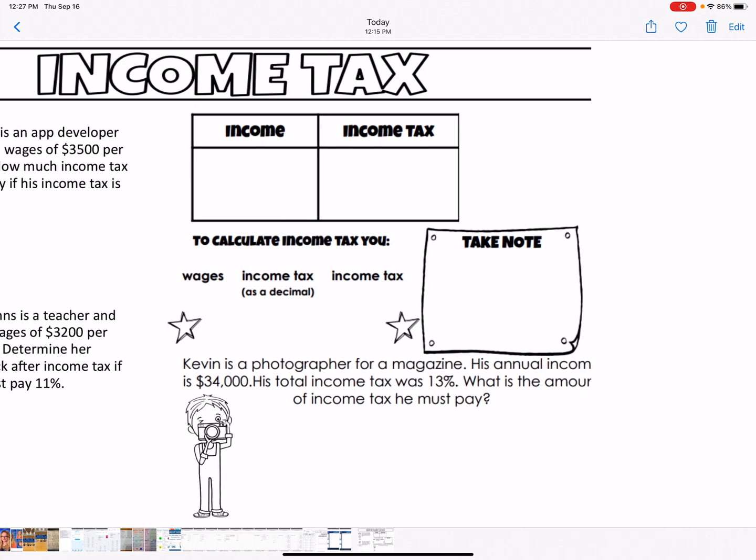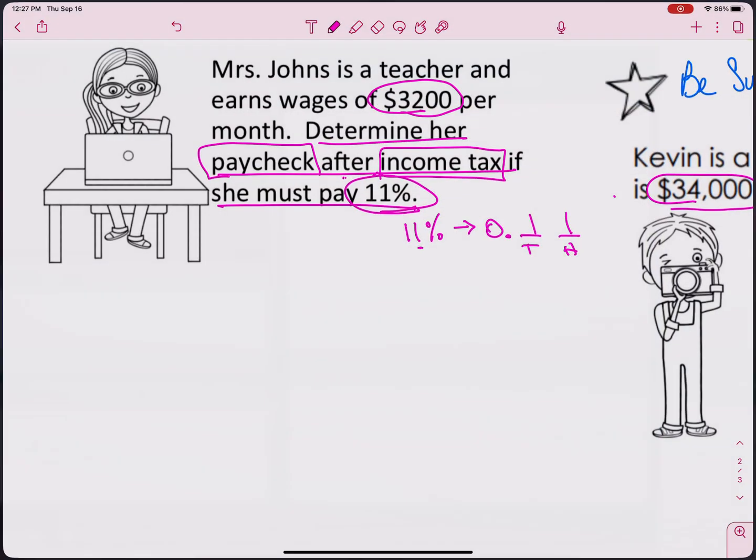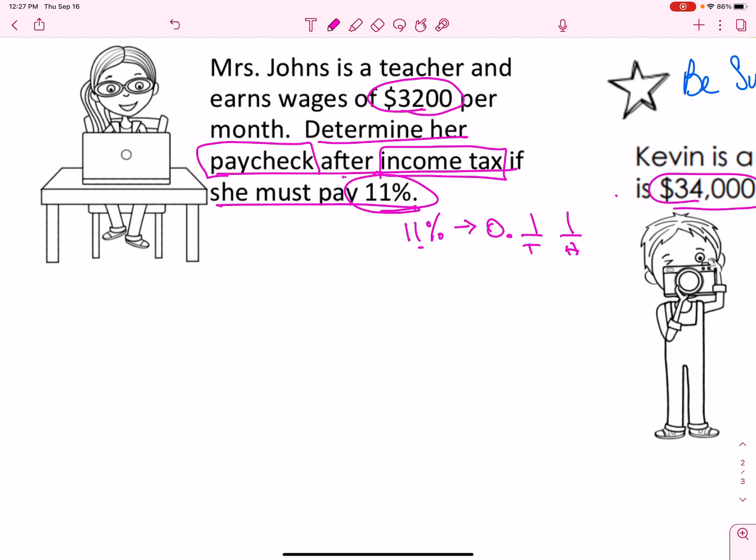I'm just all over the place here. All right, so we're going to go 3,200 times 0.11. We have 0, 0, 2, 3.